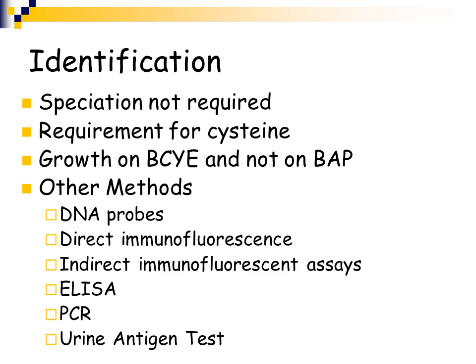If the organism only grows on a media that contains cysteine, such as BCYE, and will not grow on your typical 5% sheep blood agar, then that is classic for Legionella. You can use other diagnostic methods. You can use DNA probes, direct immunofluorescence, indirect immunofluorescence, ELISA tests, PCR, as well as urine antigen tests.